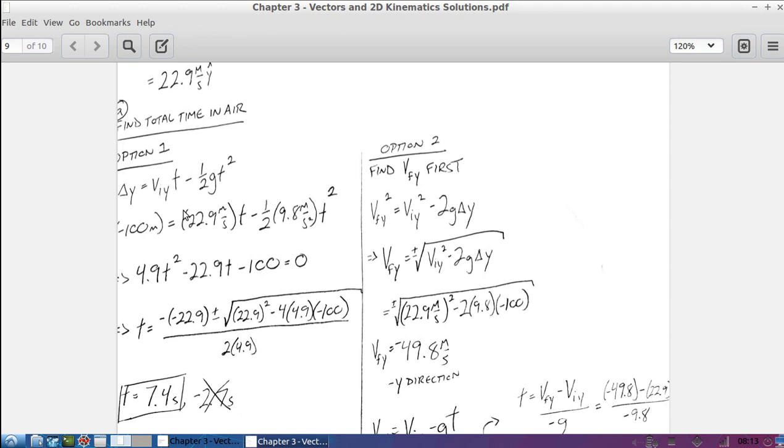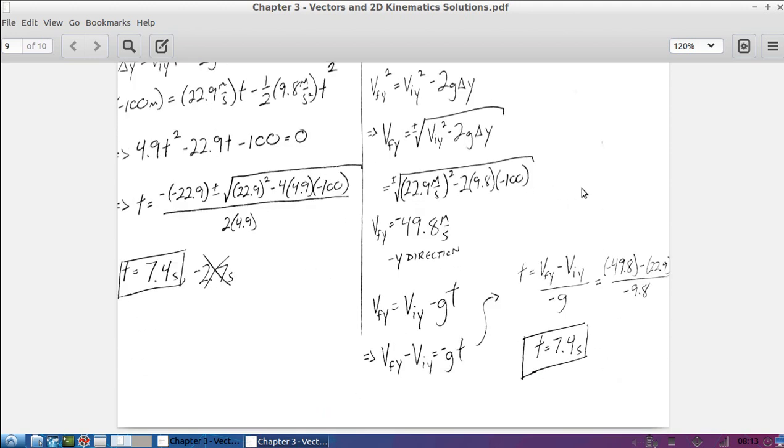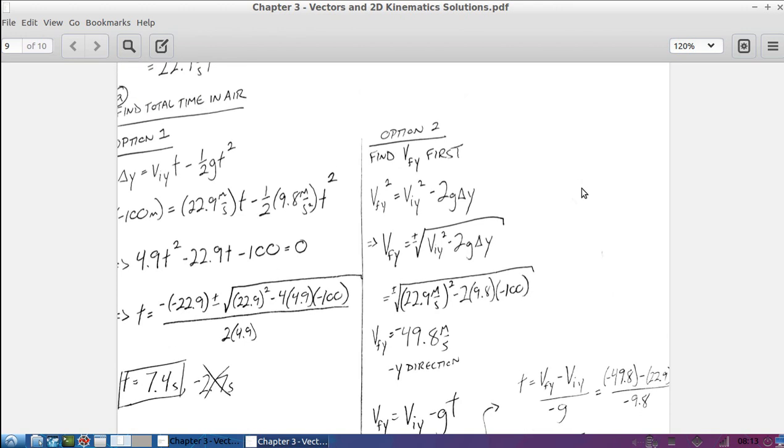Again, this is v initial in the y. I know acceleration. I could solve this equation for time. It's a quadratic, it doesn't factor, I gotta use the quadratic formula. That's really annoying, but I'll do it anyway. Positive, negative, I'm gonna get rid of that negative one. Okay, so that's not a real solution. I'm gonna pick 7.4 seconds.